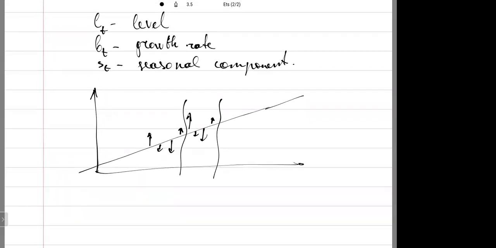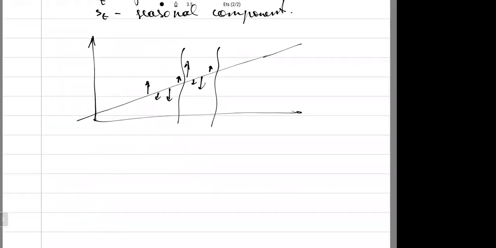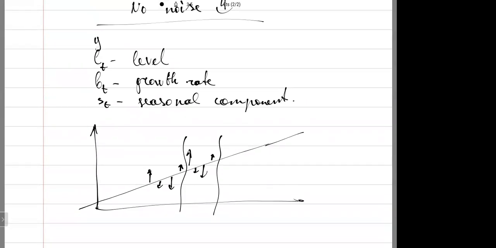So for this case, when we have no error, we will have equations like that. Y_t will be the observed value.